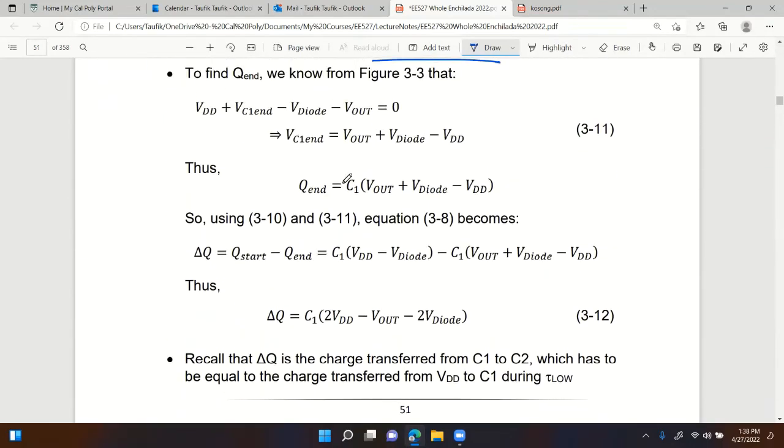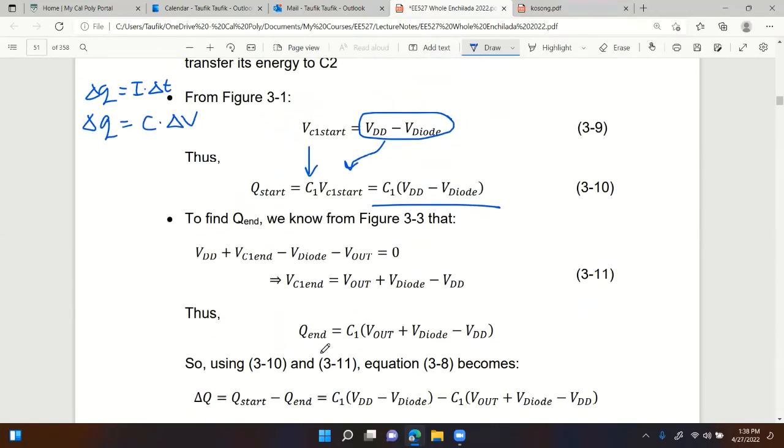That VDD plus VC1N minus V diode minus V out is equal to 0. So therefore, VC1N is equal to V out plus V diode minus VDD. Check my algebra. I think that's correct. Yes. All right. So then I have VC1 start and VC1N.